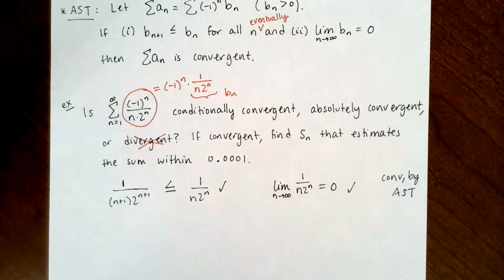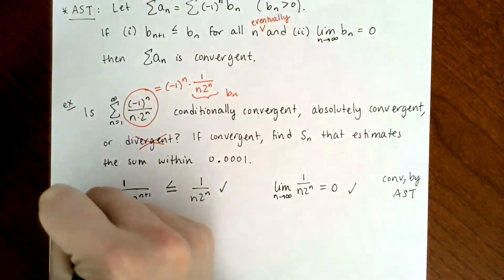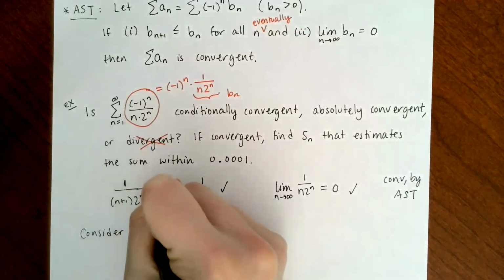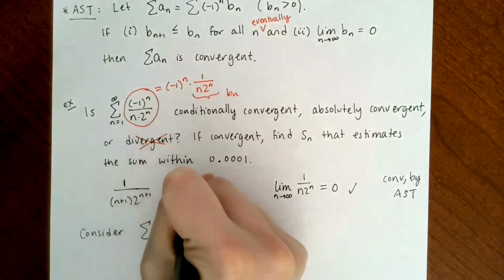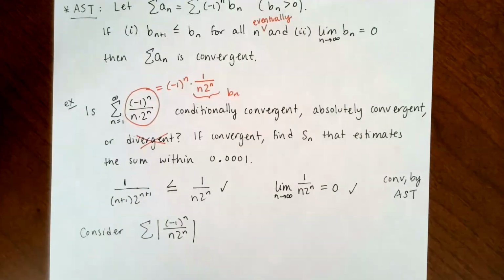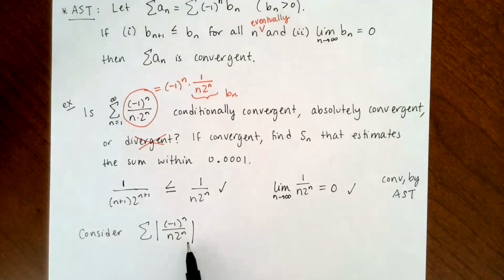To investigate conditional versus absolute, we want to consider the absolute value version of this series. If this absolute value version is also convergent, we'll say absolutely convergent.